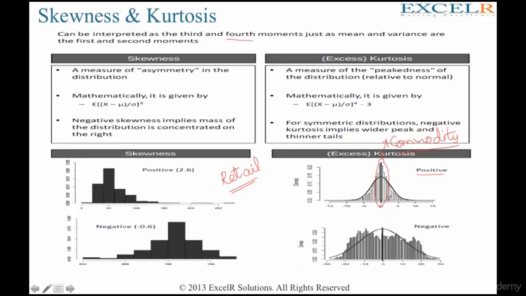So if you see a peak there, that means the majority of the products sold are commodity products. At the same time, you see that there is no long tail. That means fewer long tail products are getting sold. And you know for a fact that one aircraft will give you more profit than selling 1,000,000 milk packets. So you have to focus more on the long tail products also.